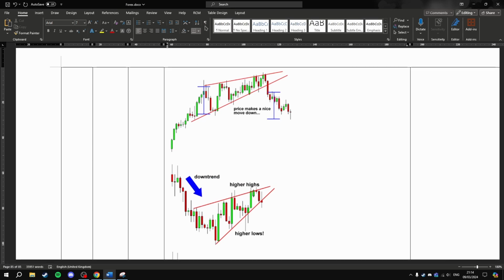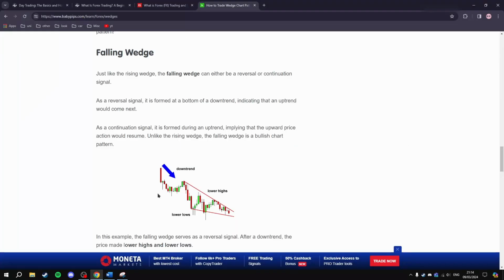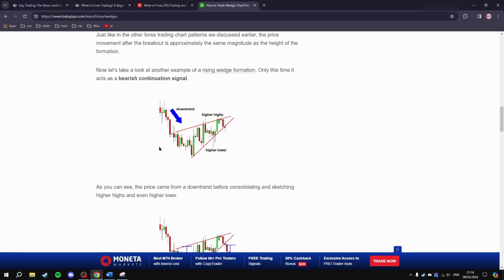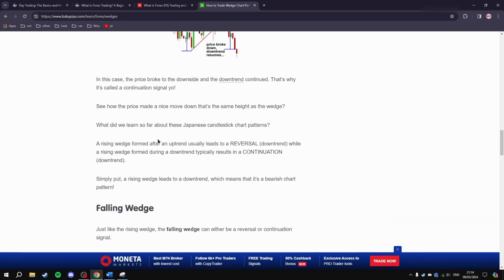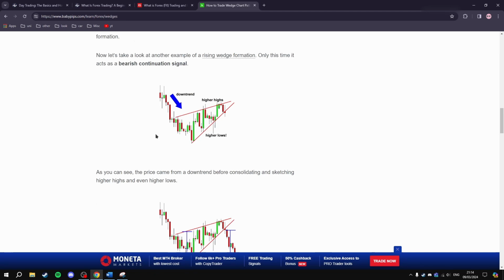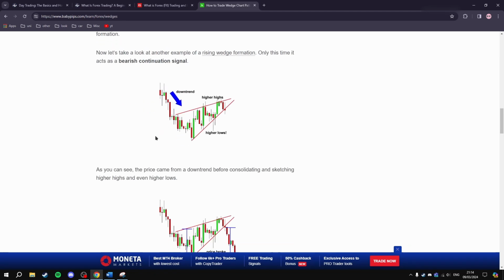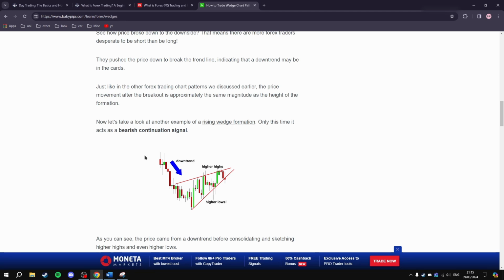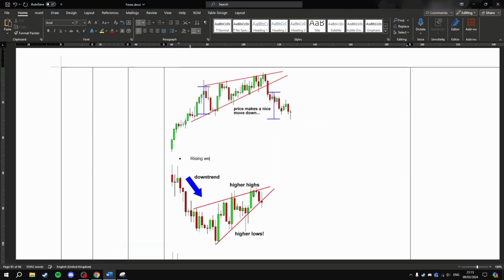So if I do that, what did they call it? You can see downtrend, rising wedge acting as a bearish continuation signal.